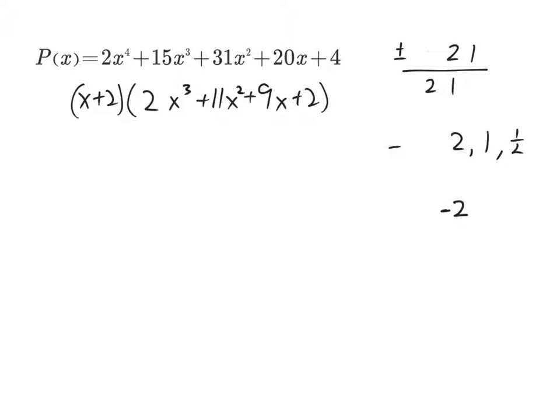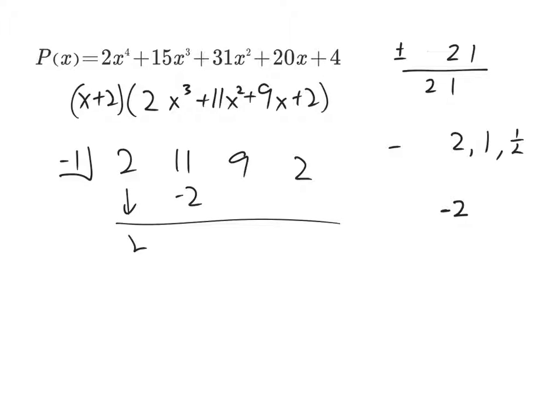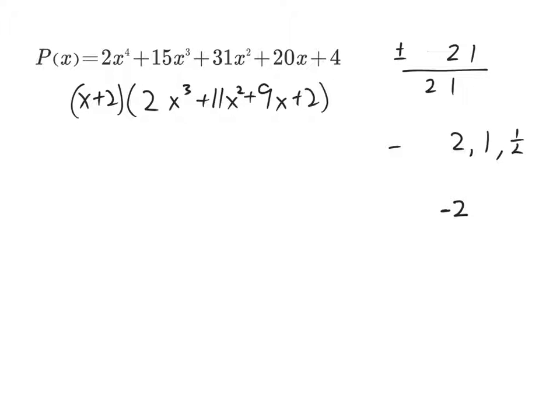So now let's check negative 1. So negative 1, and then we get 2, 11, 9, 2. So we get 2, negative 2, 9, negative 9, 0, 0, 2. There's a 2 there, which means it doesn't work. So now the last one we need to check is negative 1/2.